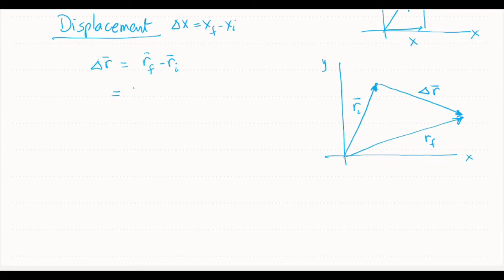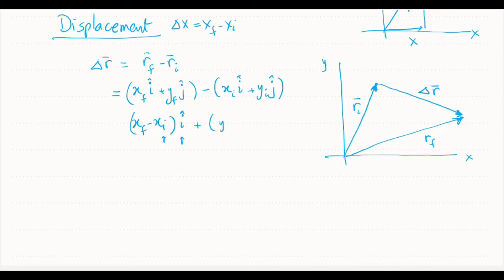And r final would be x final i plus y final j, minus x initial i plus y initial j, and that we can write as x final minus x initial i. Note that this "initial" is the word initial, and this i is the unit vector i.